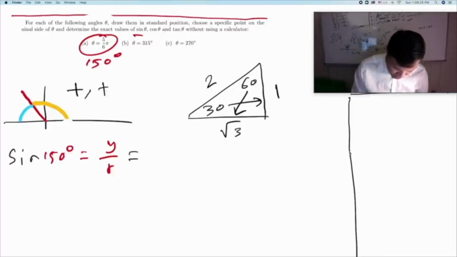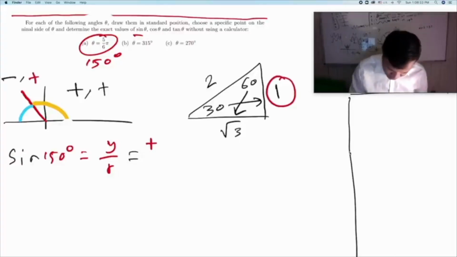Here cosine is negative, but sine is positive. So this is positive, and y is 1, and r is 2. Okay, so we got the first one, and that is sine 150 degree is 1/2.